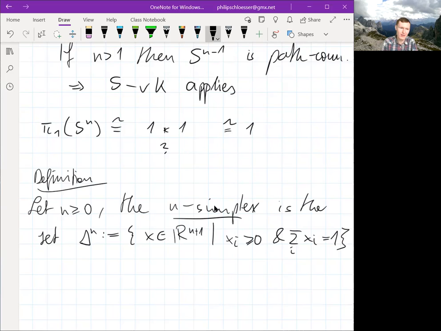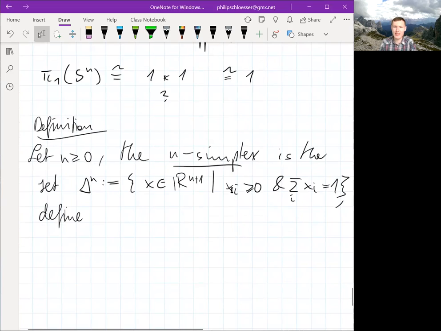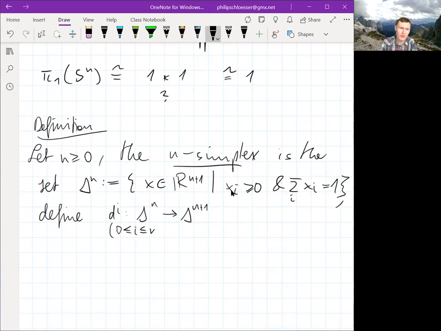And we can already define some maps between n simplices, namely the map di from the n simplex to the n plus 1 simplex, for 0 smaller than or equal to i smaller than or equal to n.